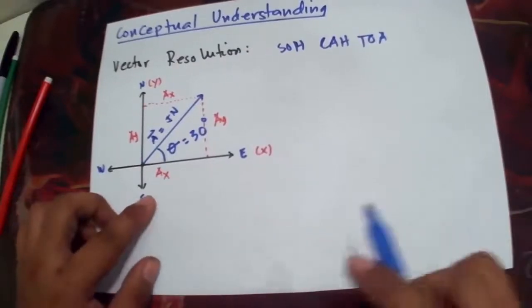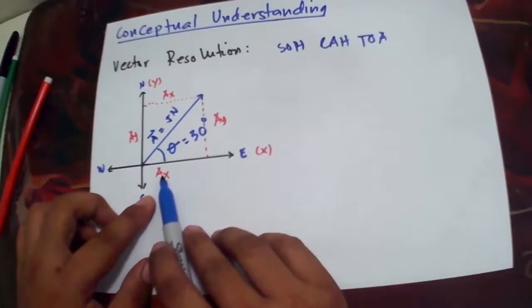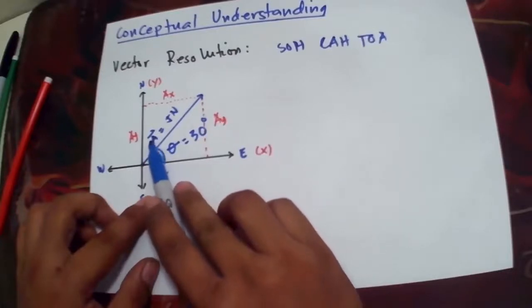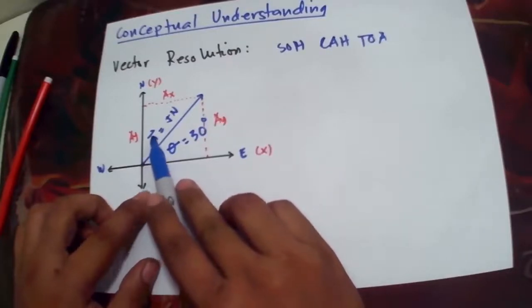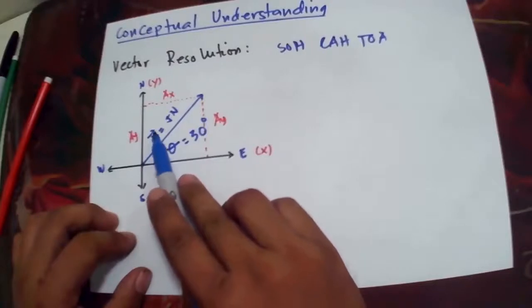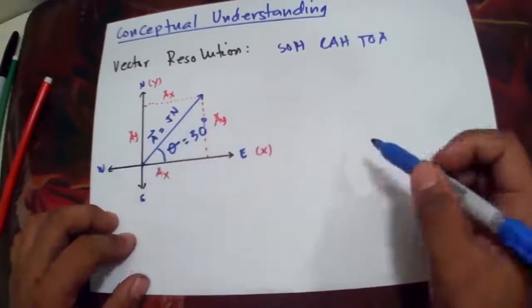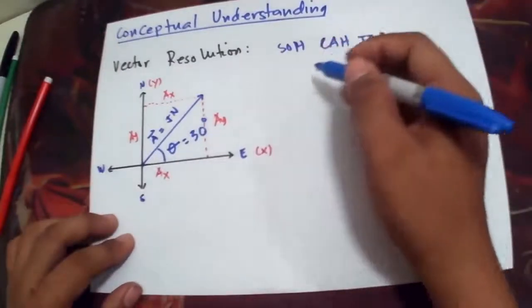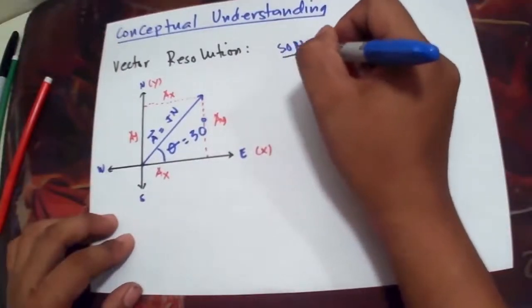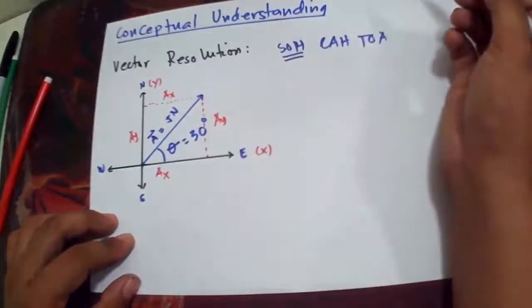Take note that our vector is A sub x, and we have the given value here, which is vector A, the longest side of the triangle.